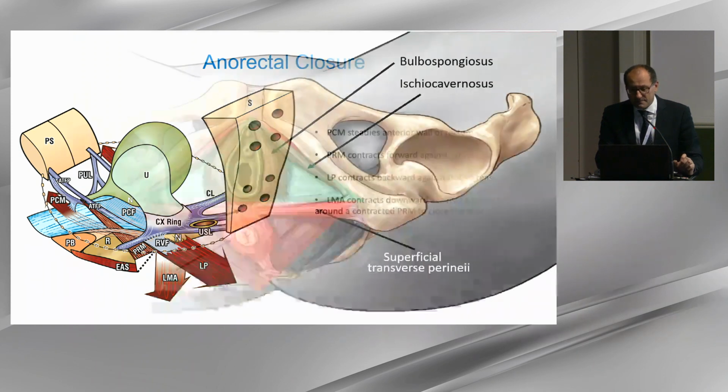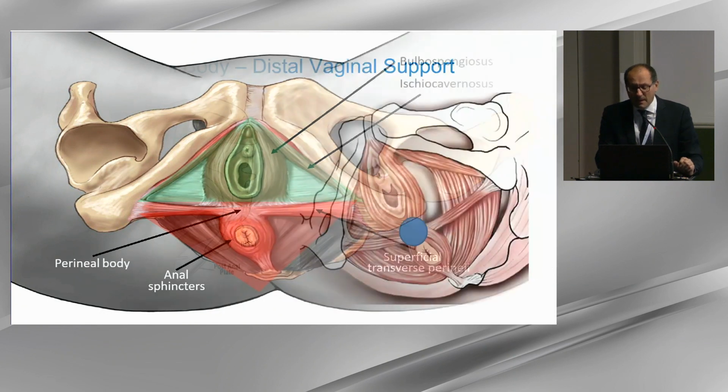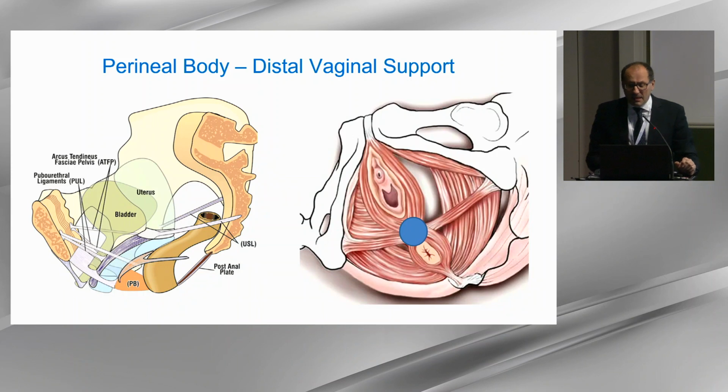multifactorial. And also we have additional muscles that are the superficial perineal muscles, the transverse perineal, the ischiocavernosus, the bulbospongiosus. And these muscles are important to form the perineal body that is considered, according to the DeLancey classification, as the distal vaginal support, or the DeLancey level 3.